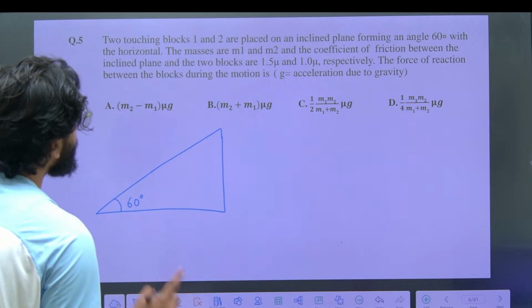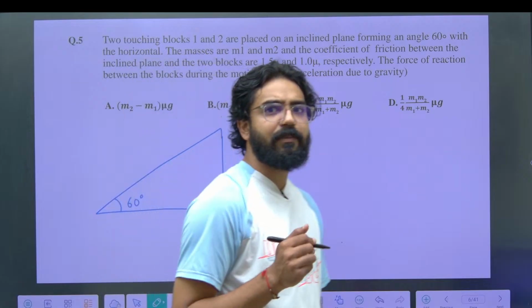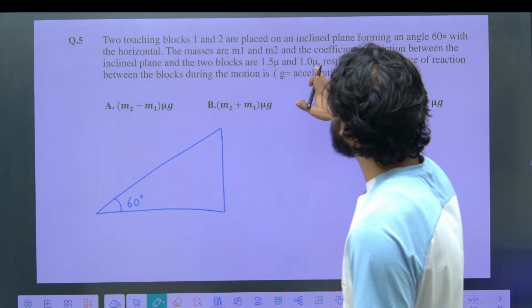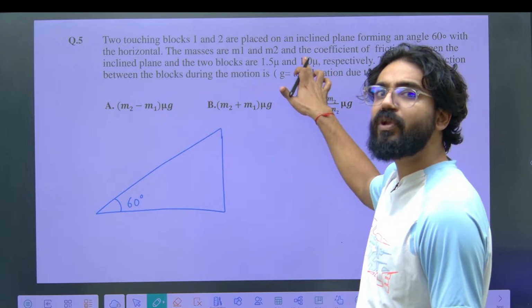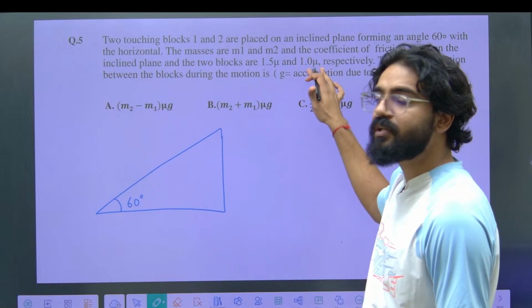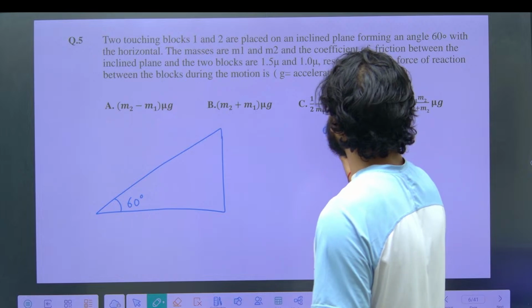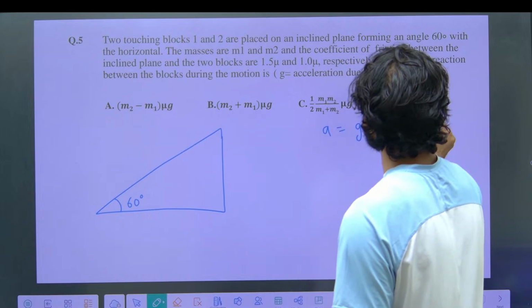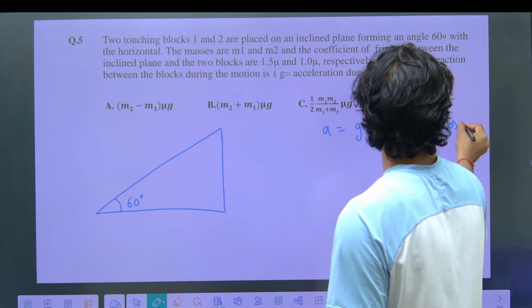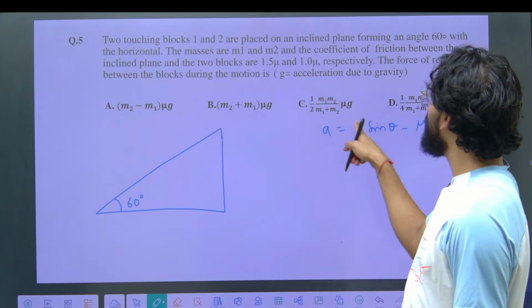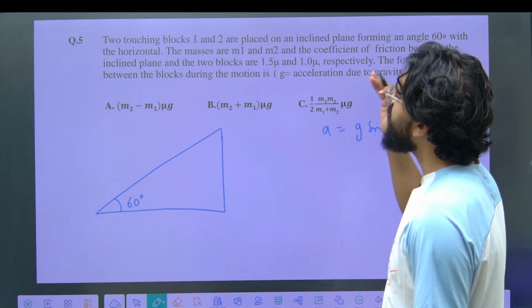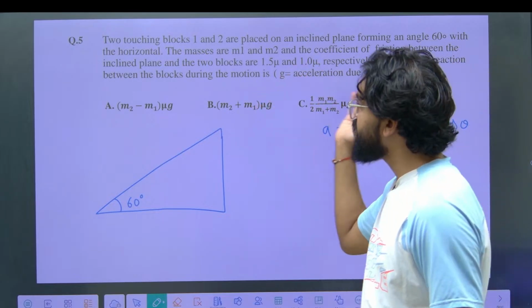So clearly they are trying to say something. If lesser is the mu, then more will be the acceleration. We know this, because acceleration is g sin theta minus mu g cos theta. So if lesser is the mu, more is the a. So basically, who should be behind?